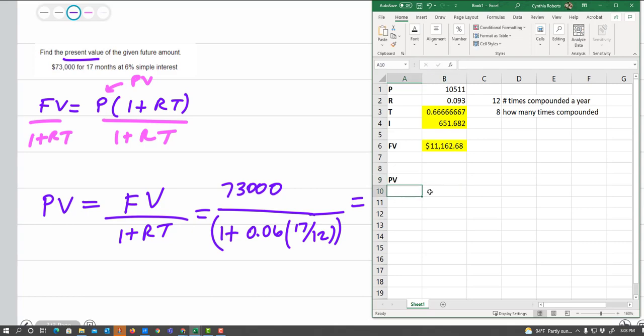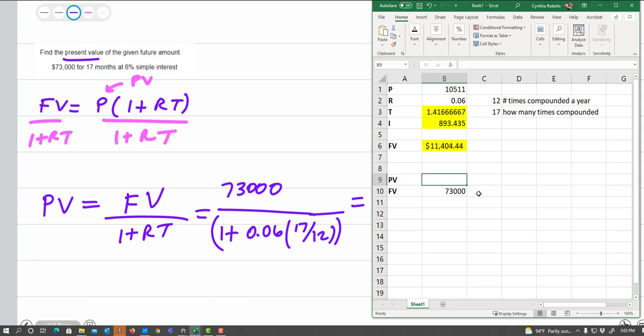I actually need a cell for future value, or I could use this up here, it wouldn't matter, but to not confuse me, I actually need a cell for future value because I don't want to use one that's an actual formula here. So what was mine? 73,000. But now up here, I can use this rate, 0.06, compounded 12 times a year, and 17.